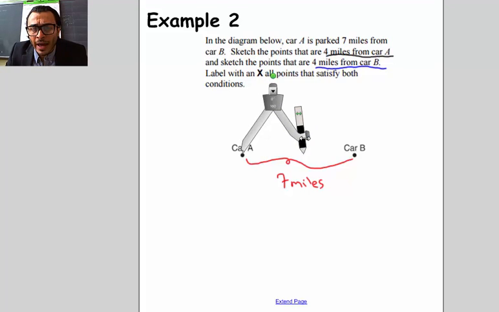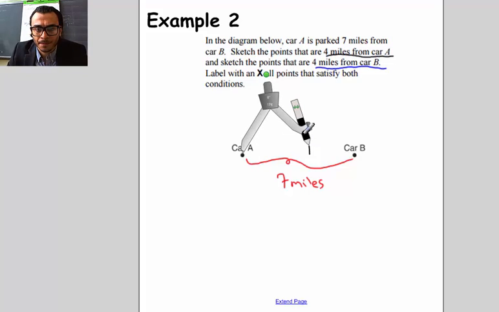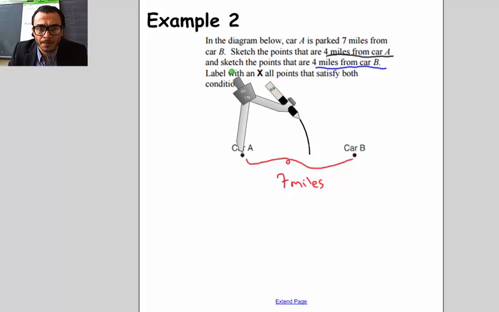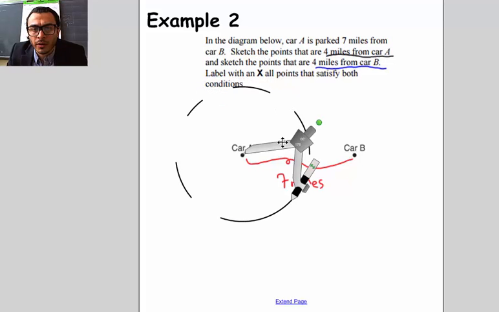Just above the halfway mark should give you 4. You don't want to go all the way to car B, because then that's going to be 7 miles. And you're going to sketch your circle here. So there is the locus of points 4 miles from car A.